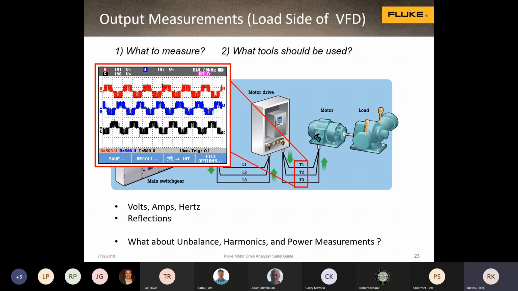So I'm going to try to make a live measurement here and show you that with another camera. But if I ask you again, what are you going to measure? What kind of tools do you need? Volts, amps, hertz comes up. Unbalance is important for volts and amps. But reflections is something that we didn't have on the input side of the drive.